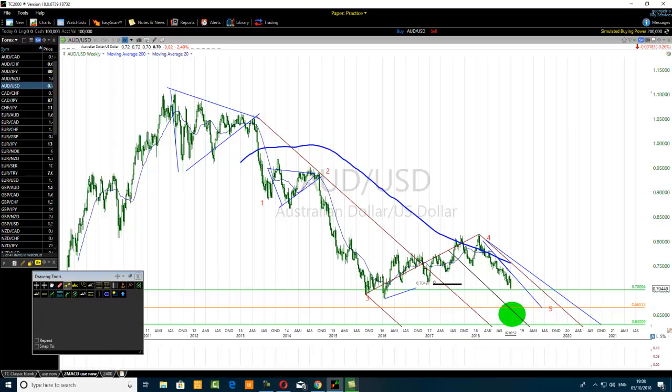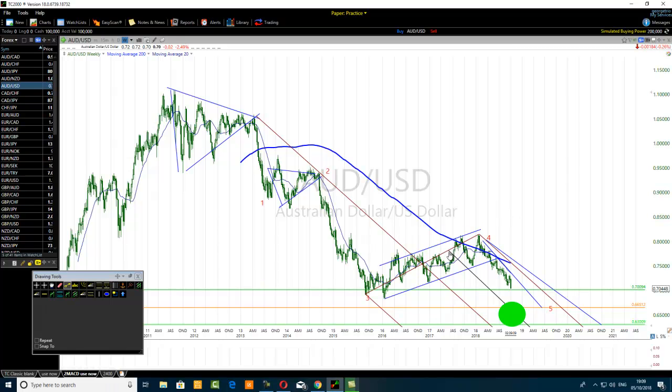All right. Looking at the price structure of the Australian dollar US dollar, you see, there was a down move forming the third wave. Then we see this rally up. You see the rally in a channel.